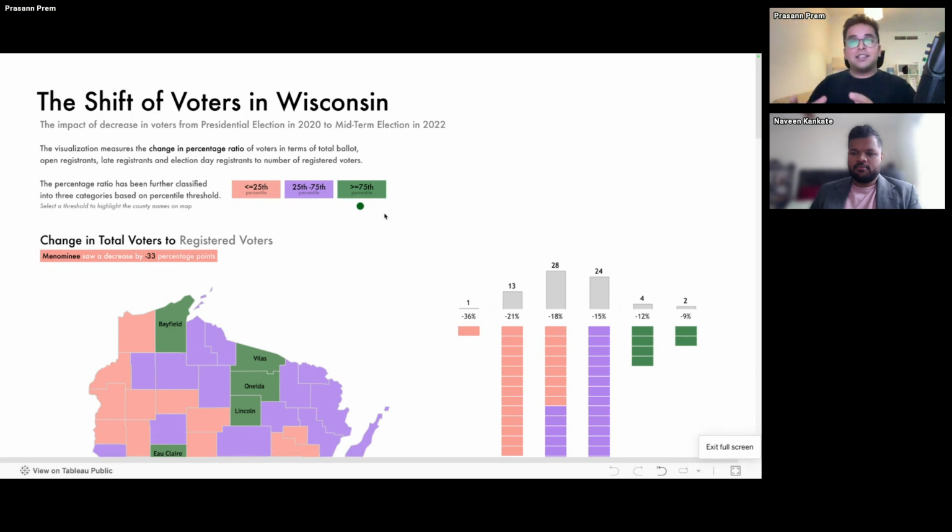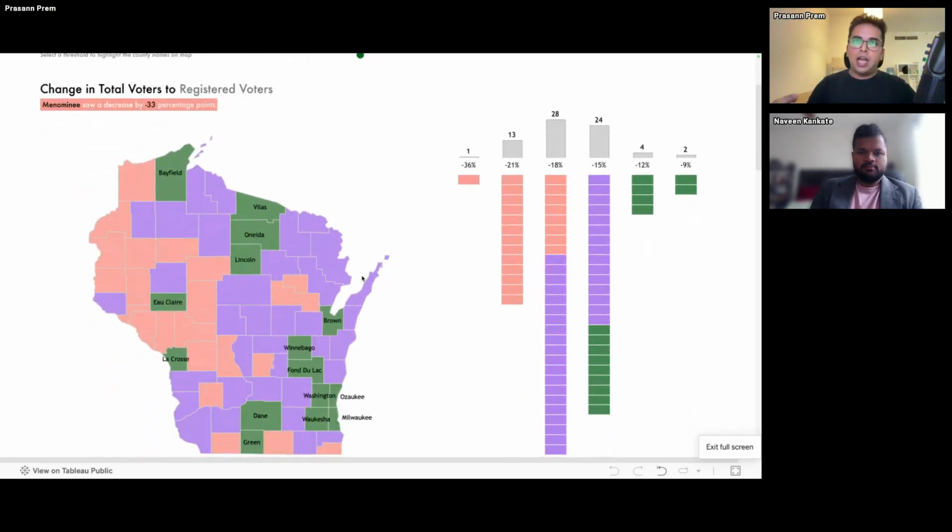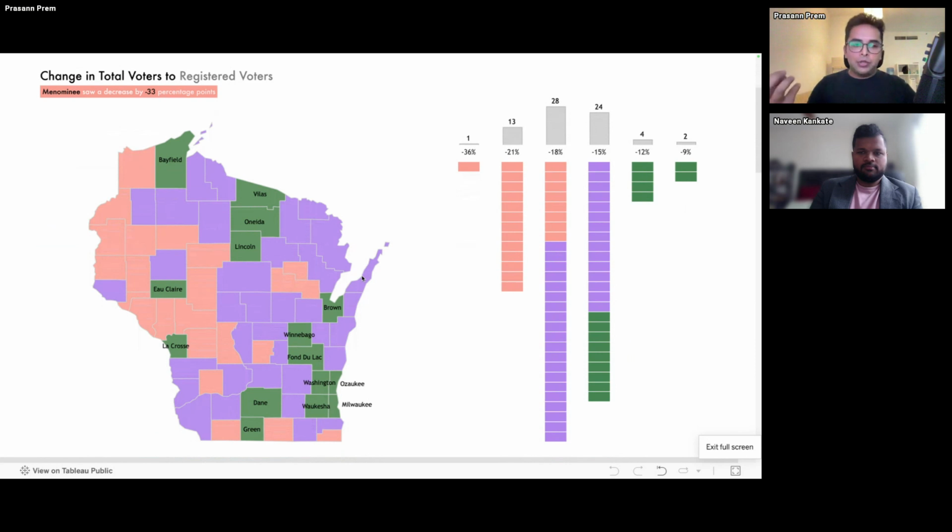So that's the basis of this whole visualization, to keep it minimalistic as well as use as few colors as possible. Now we will look at how the scenario looks in comparison to the presidential election in 2020.